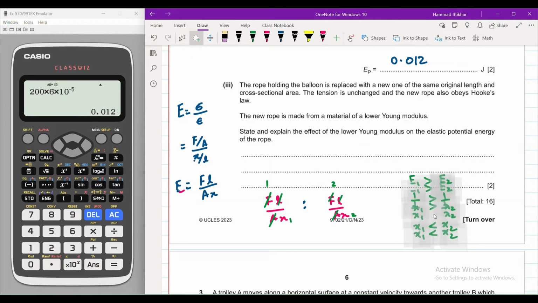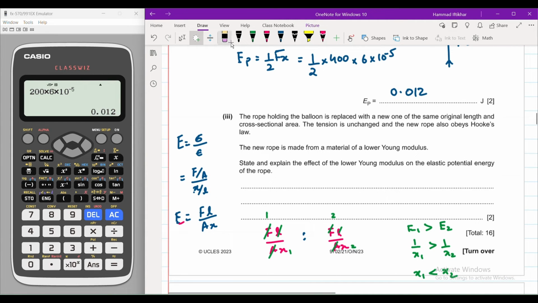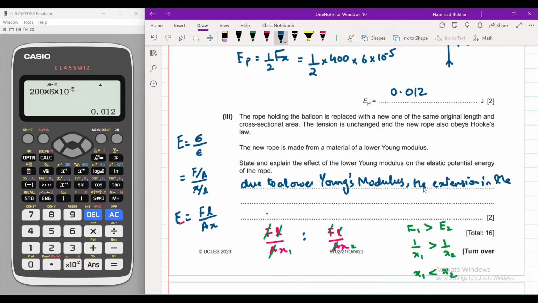So what we'll write over here is: due to a lower Young's modulus, the extension in the new rope will be higher.